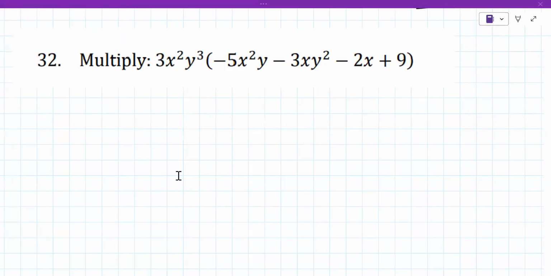Right, you can't combine them, right? There's nothing you can combine in here. Yeah, all right. So would it be negative 15 x to the fourth?